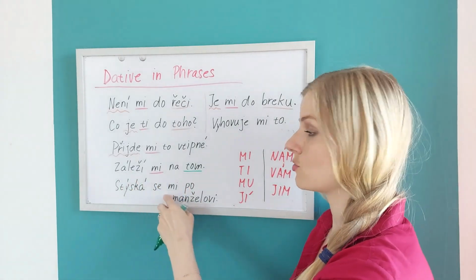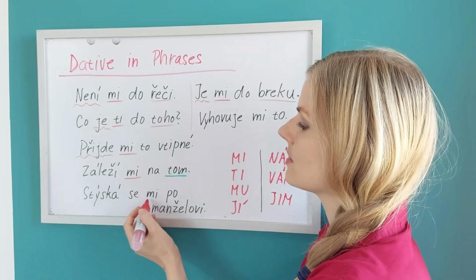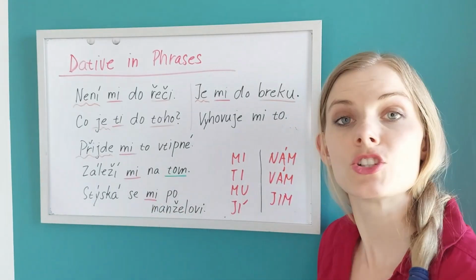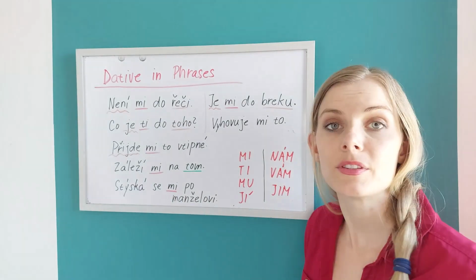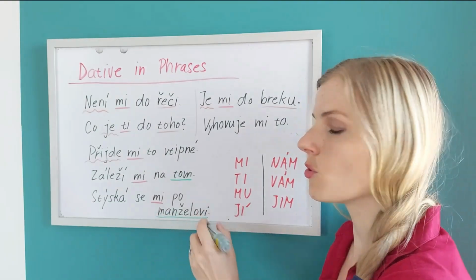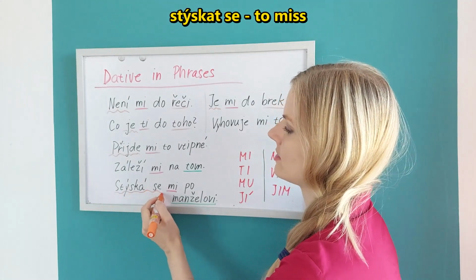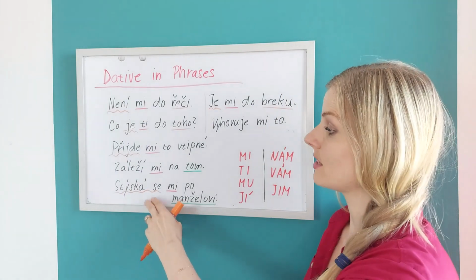And this sentence that you probably know uses the same construction. Stýská se mi po manželovi. I miss my husband. That's also the locative case. And the verb here is stýskat se. This is quite a tricky sentence.